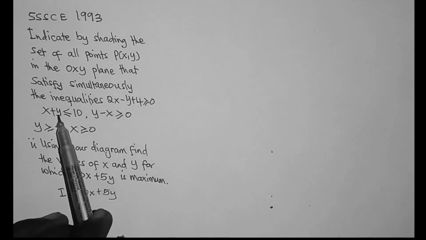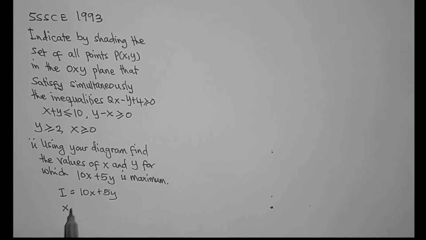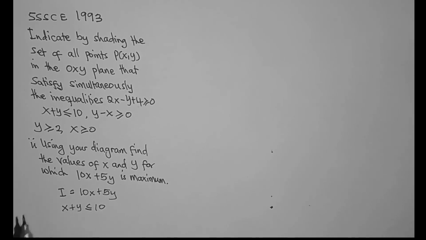Now let's take this inequality, the first constraint, x plus y is less than or equal to 10. What we'll do is find the x and y intercepts. For the x-intercept, y is equal to 0.